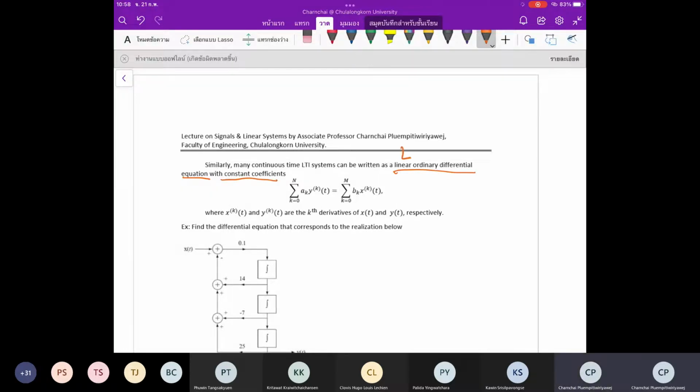I call it linear ODE with constant coefficients, LODECC.